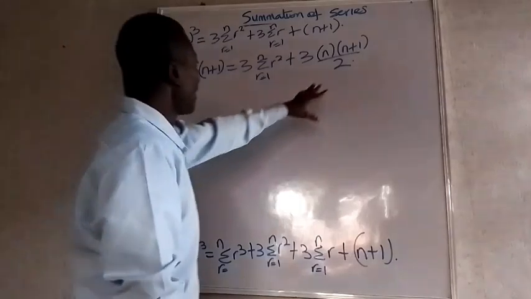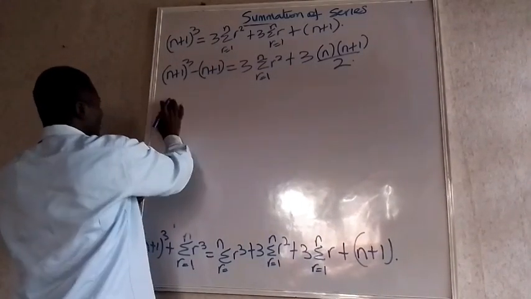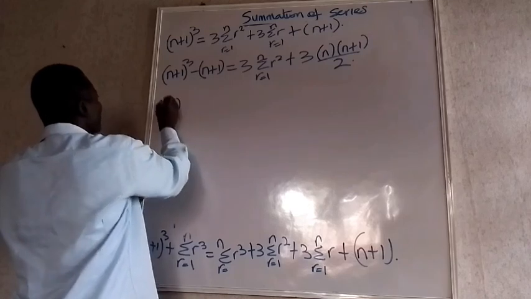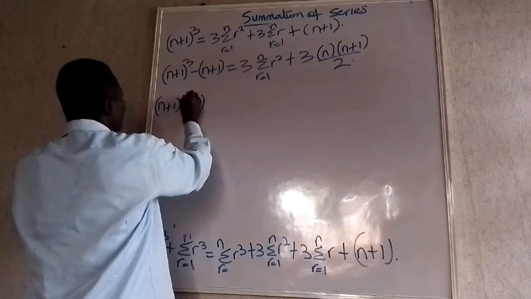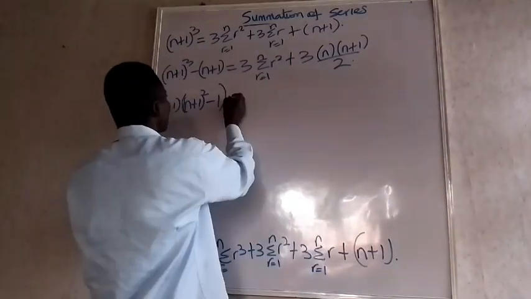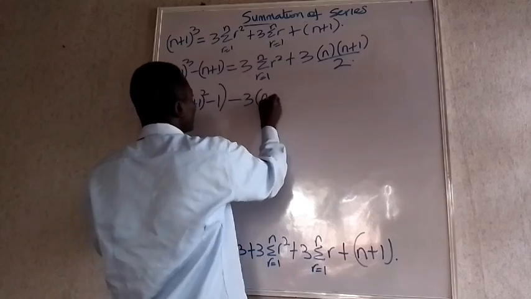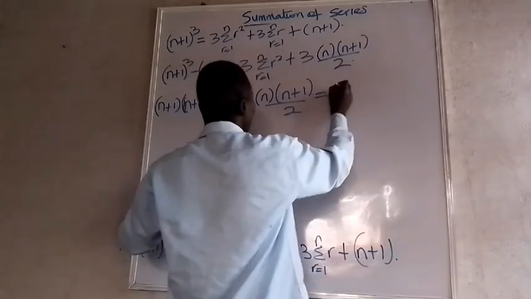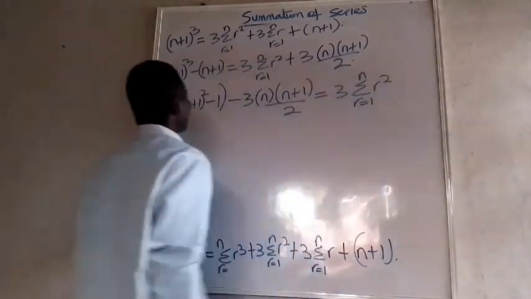So let me bring everything from this place to this place and factorize this. This one is going to be n plus 1 into n plus 1 squared minus 1, minus 3 into n plus 1 over 2, is equal to 3 summation r squared from r equals 1 to n.